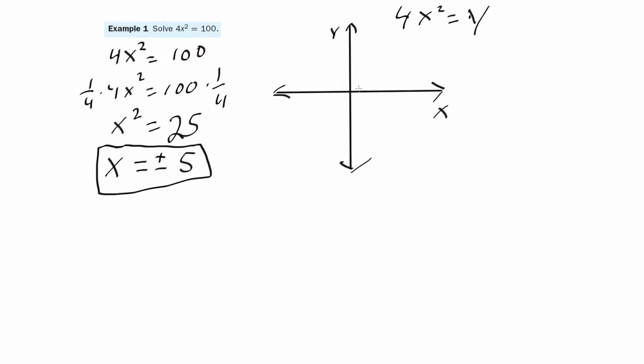Since it's a 4x squared, it means when x is 0, y is 0. It's at the origin. And I can now go from here, so 1, 2, 3, 4, 5, 6, 1, 2, 3, 4. I'm out to 6.